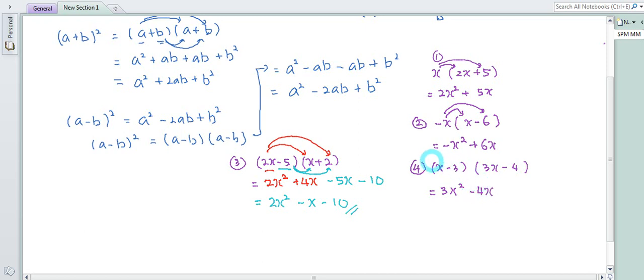Done for the x part. Now we go to negative 3. Negative 3 times 3x, you get negative 9x. Negative 3 times negative 4, you get positive 12. These two are like terms. We can simplify it. We get 3x squared minus 13x plus 12.